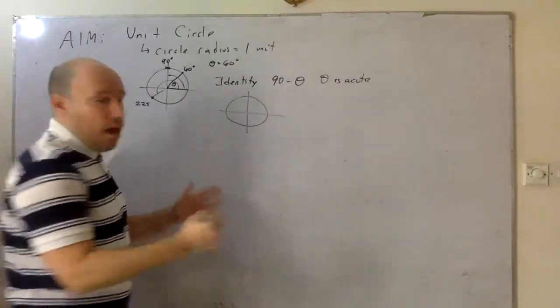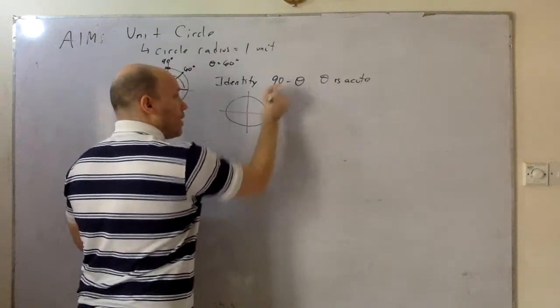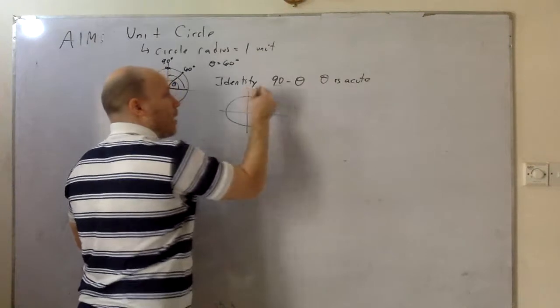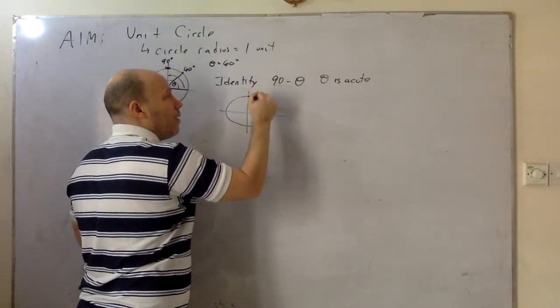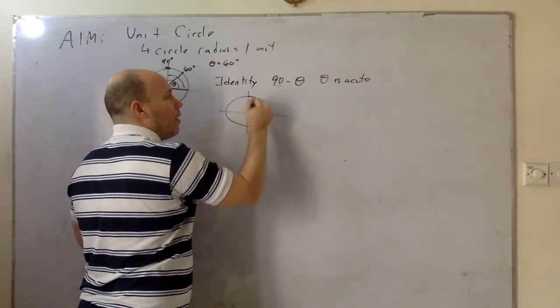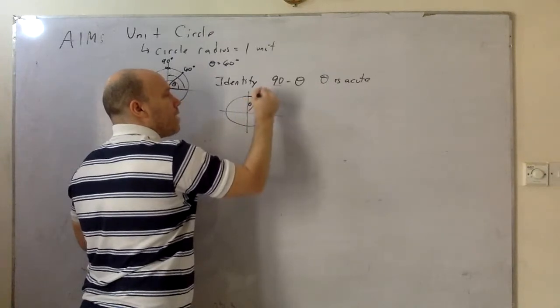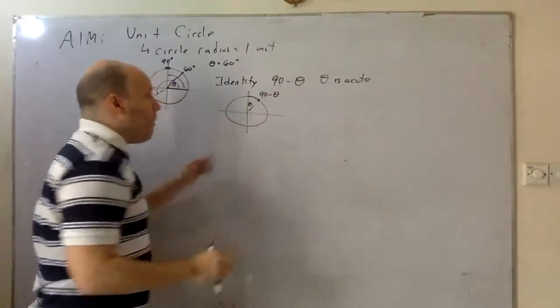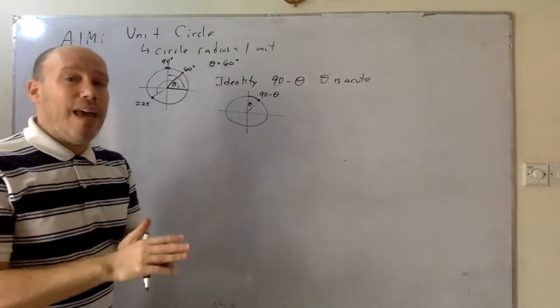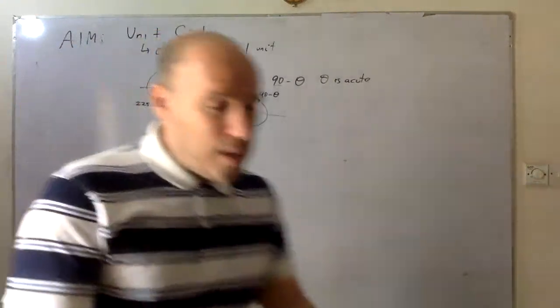You'd say, okay, the first rotation is 90 degrees, so I'm right here, but then I'm subtracting theta. So this is 90 minus theta.